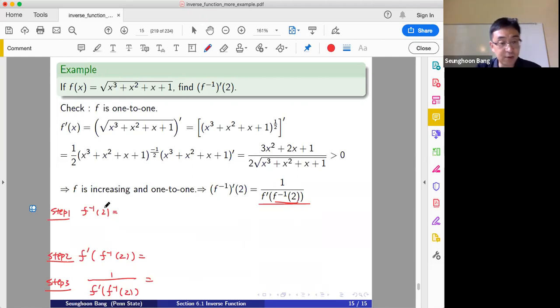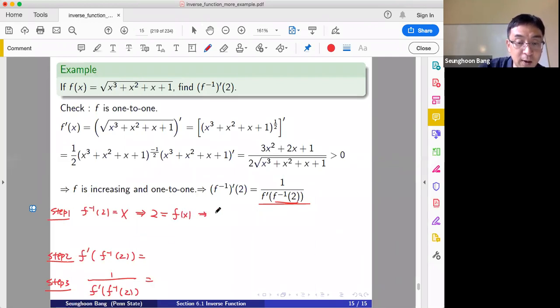The first one, the inverse of f of 2, we don't know x. You can change it to the function f. How can you do that? The input 2 is going to be the output, and the output x is going to be the input of the function f.